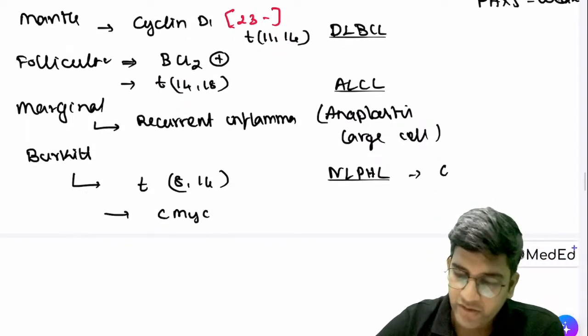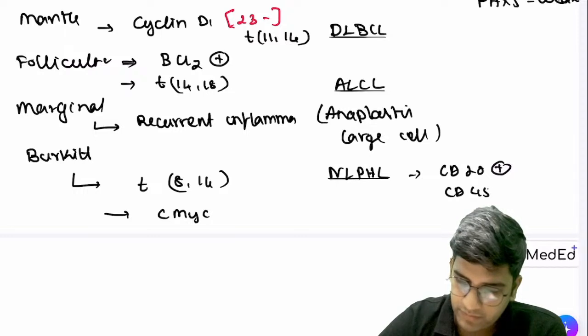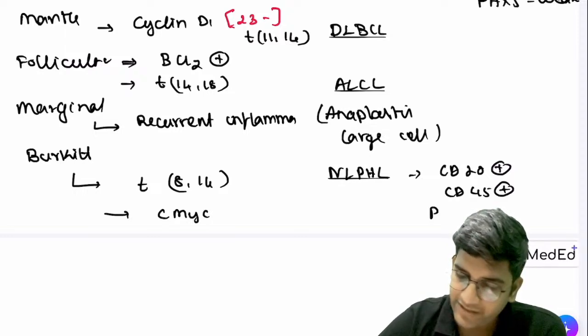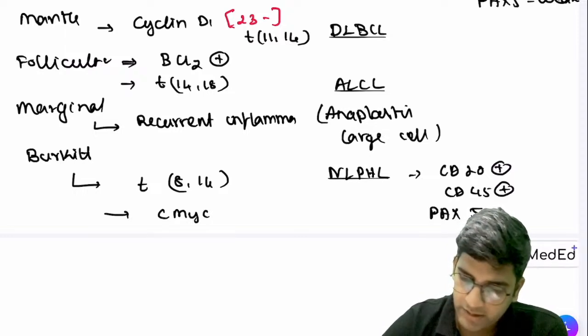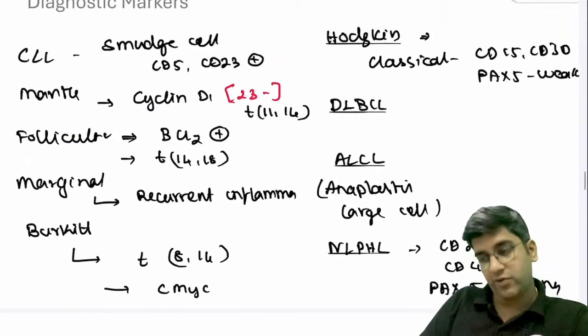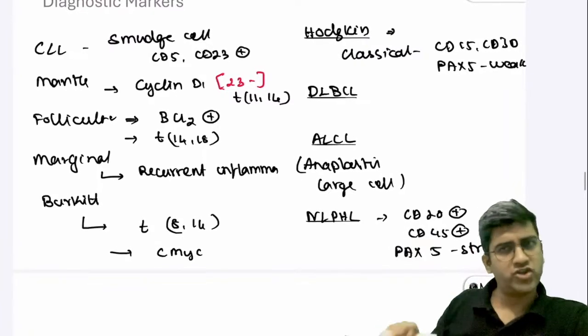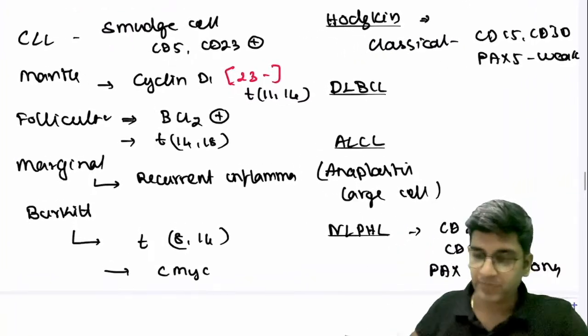That will be CD20 positive, CD45 positive, and PAX5 will be strongly positive. So PAX5 will be weak in classical, strong here. CD15/30 positive and CD20/45 positive are both Hodgkin's, one classical, one NLPHL, right?